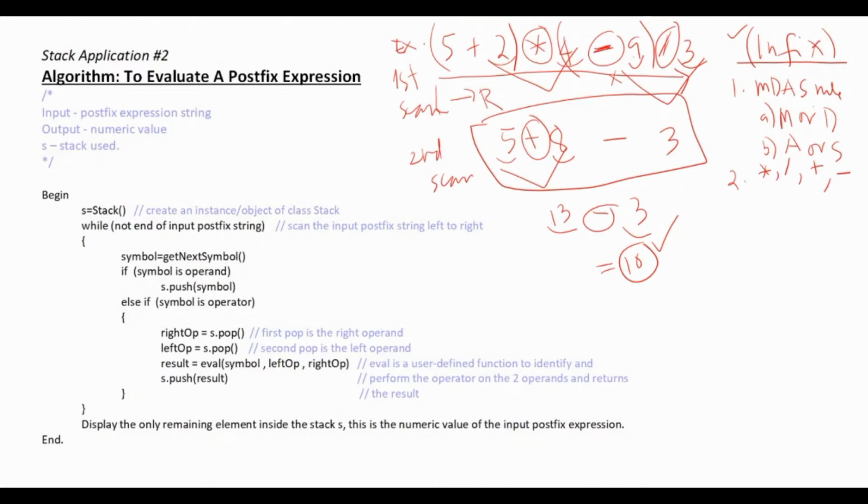But this time that we have parentheses, we perform from the innermost parentheses to the outermost parentheses, left to right. So the second characteristic of an infix expression is that the MDAS rule is overridden by parentheses symbols.